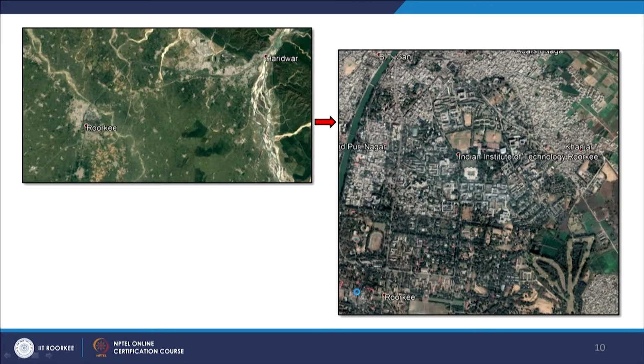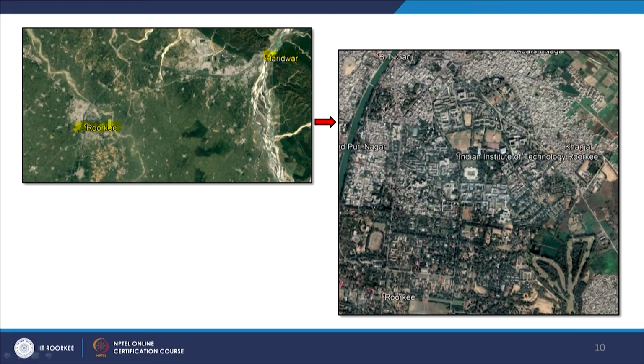As you can see, at a certain zoom scale you see the entire area which includes Haridwar and Roorkee, but when you start zooming in, you get much more detailed images.